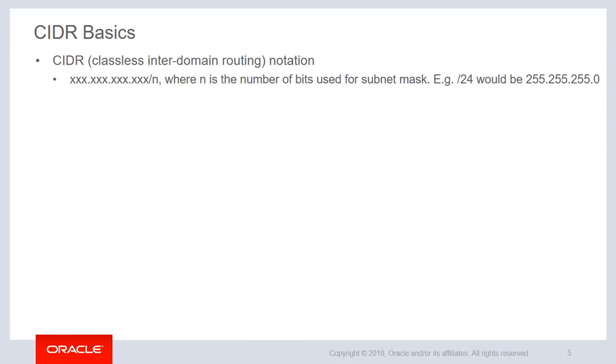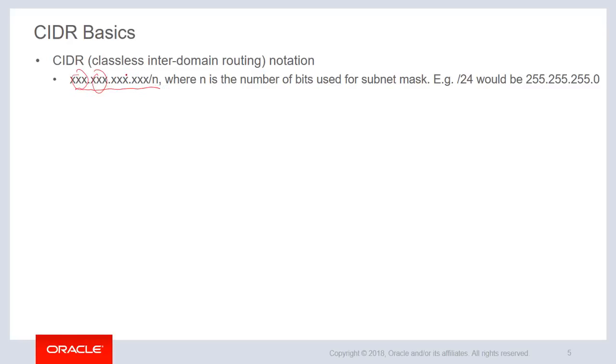Now before we go into VCN and look into its various components, it's very important to understand the basics of CIDR. CIDR stands for classless interdomain routing, and it's a very commonly used notation. In CIDR notation, you specify a network and host in something like this, where you have 4 octets.